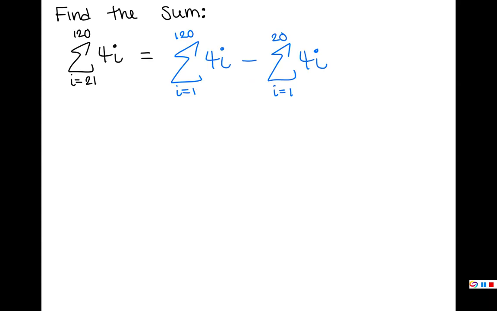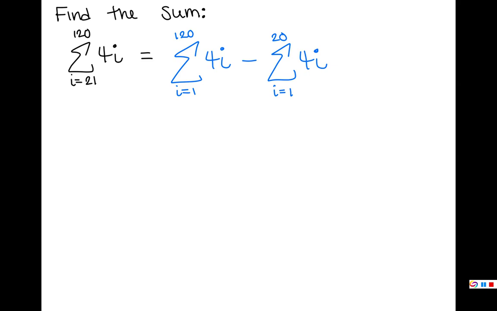Well, we're just going to have to use the formulas twice. Again, the formulas only work if you're starting at 1. So I'm going to add up from 1 to 120, and that's going to be too big. If I add up from 1 to 120, I'm including extra numbers in there because I actually want to start at 21.